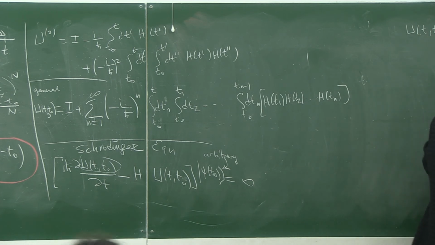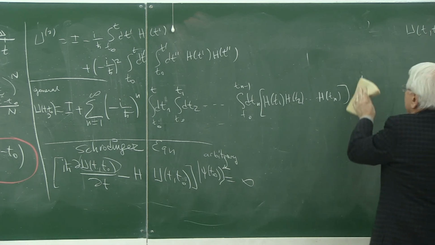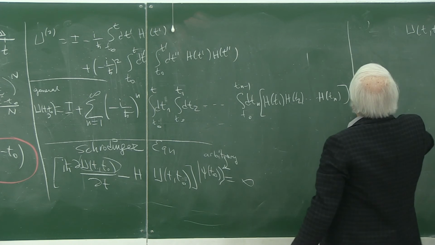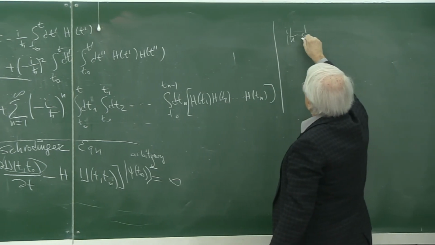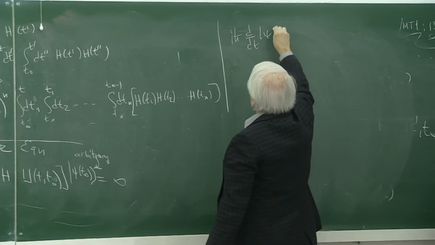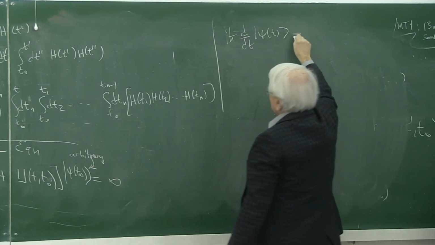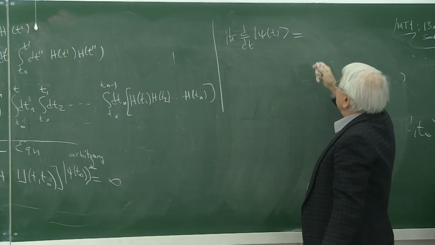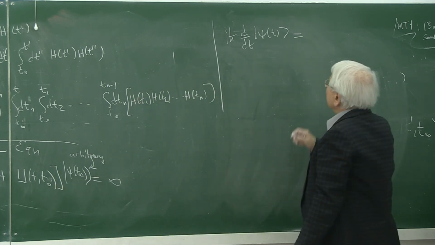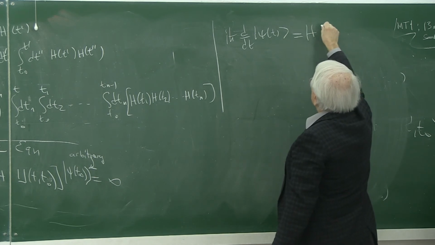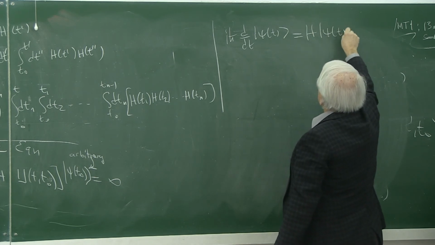The left-hand side becomes i h bar d/dt psi(t), and move the second term to the right-hand side. Again, act on this by U, convert it into psi(t): i h bar d/dt psi(t) minus H psi(t) is equal to 0.